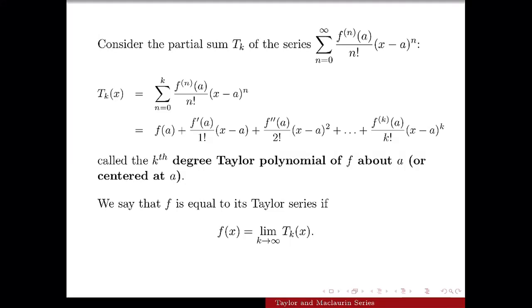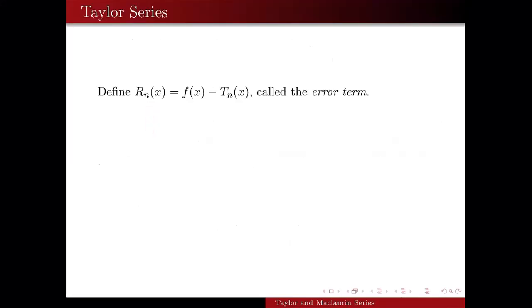Now, let R sub n be the error term. Meaning, you get your f of x, you subtract the nth degree Taylor polynomial of f, centered at a, of course. So you get that function.